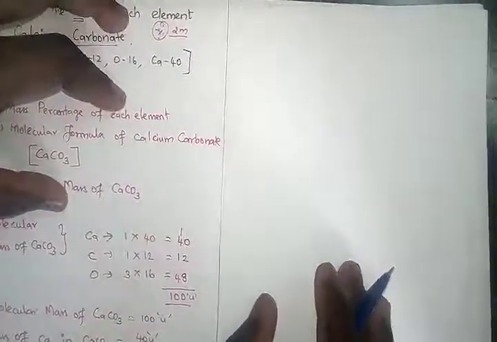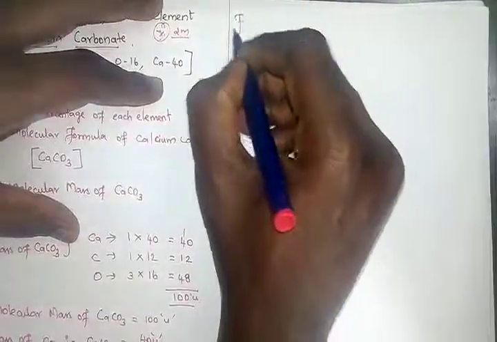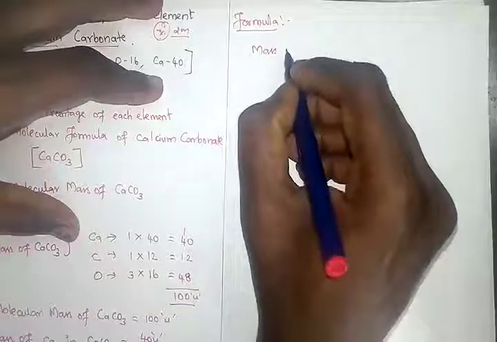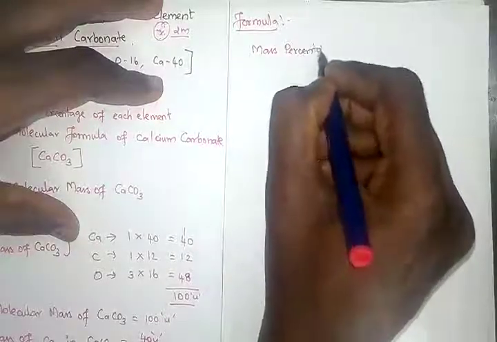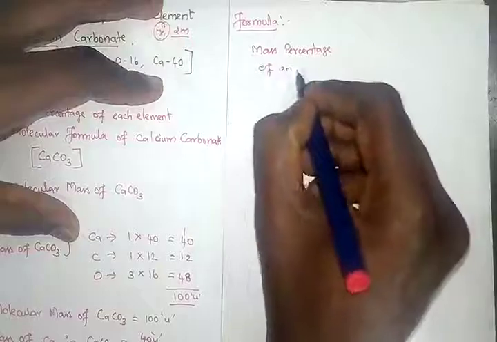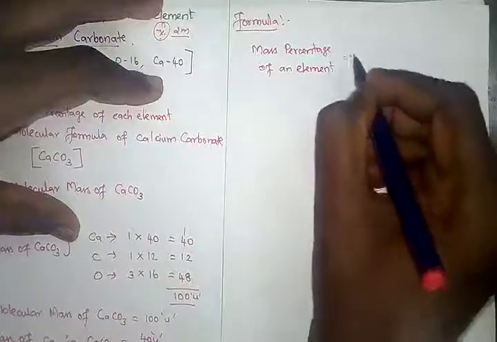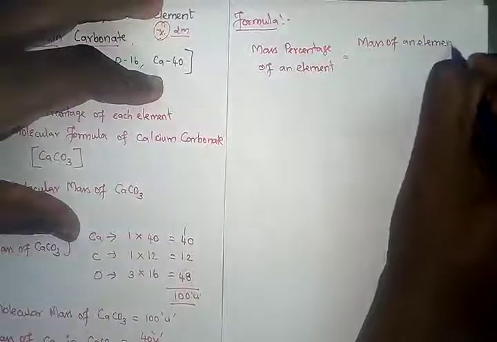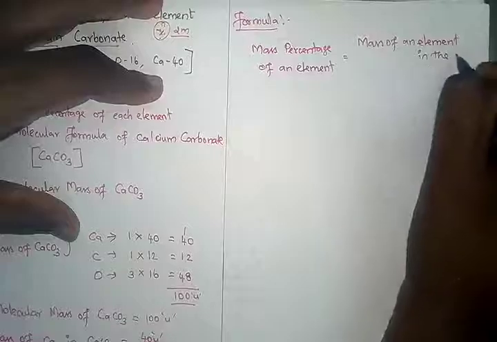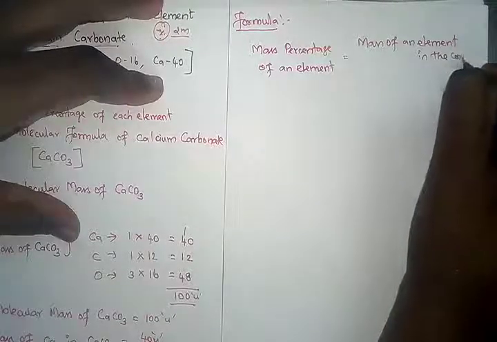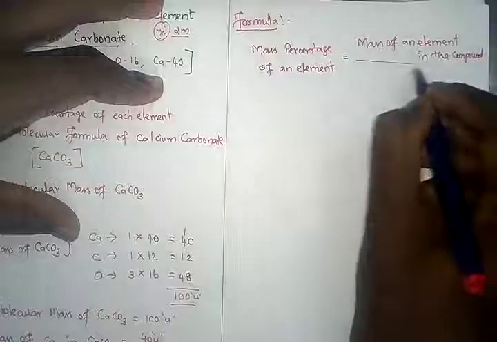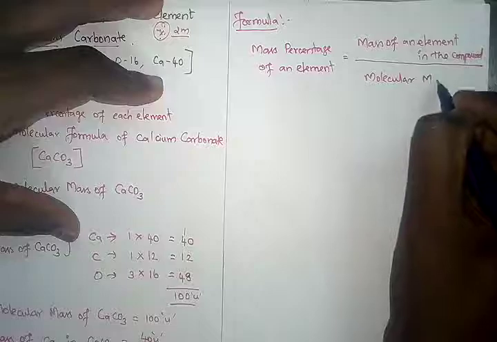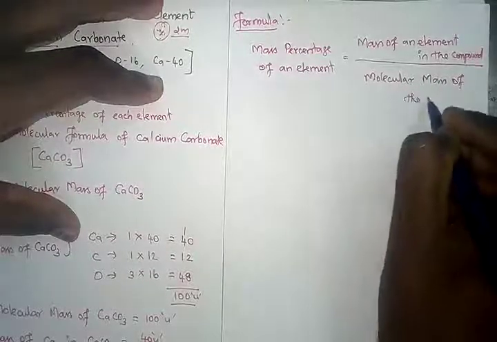So let us calculate the percentage. Now what is the formula, my dear children? How do we calculate the percentage? So mass percentage of an element is equal to mass of an element in the compound divided by molecular mass of the compound.